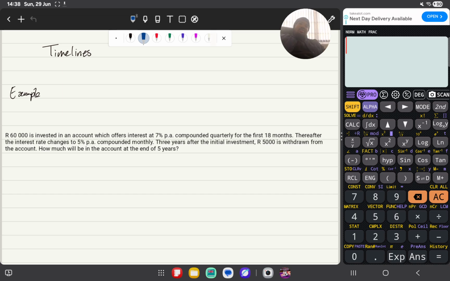And then it goes on and on. Then in year four, I withdraw 2,000 rand. And then with the remaining balance, I need to calculate how much interest I will have till the end of year six. That is the whole scenario.